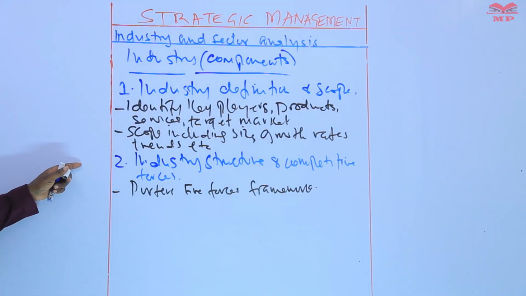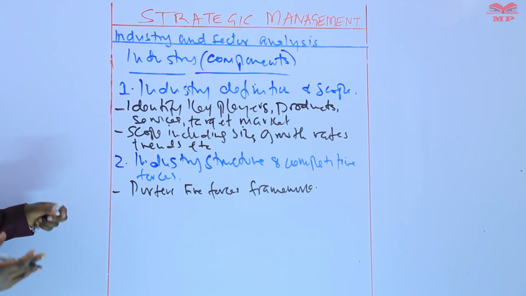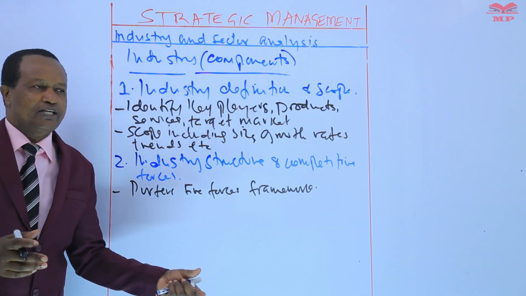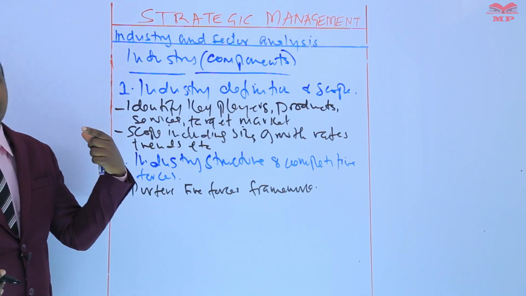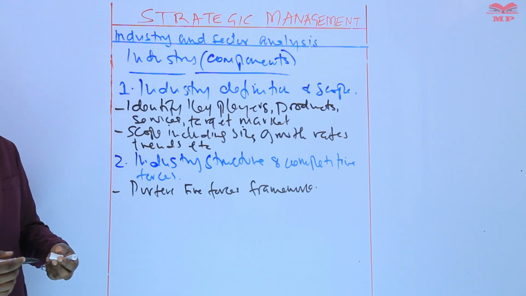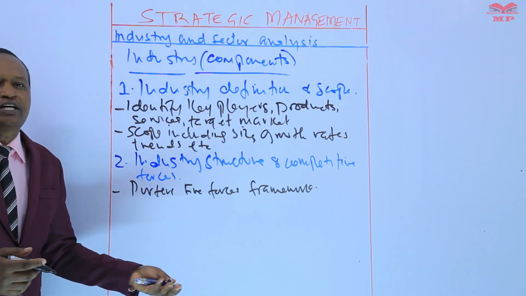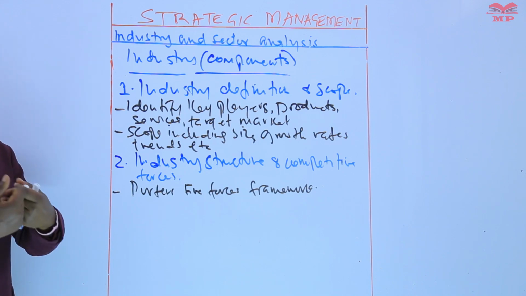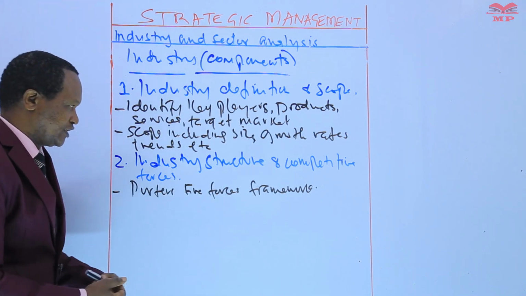For one to understand the competitive forces within an industry, the Porter's Five Forces framework comes in handy, which assesses the bargaining power of the suppliers, the bargaining power of the buyers, the threat of new entrants, the threat of substitute products or services, and the intensity of competitive rivalry.